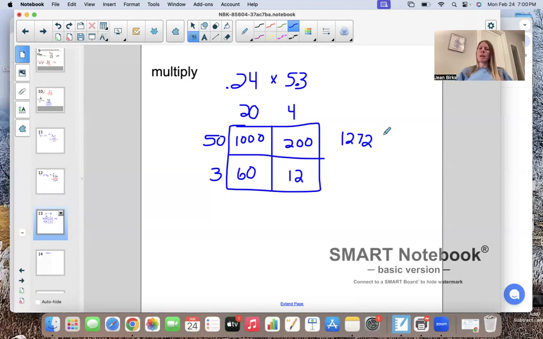So, I'm looking at this. That's a 5. And that's not even a whole. So, right now, it wouldn't make sense to say my answer is 1,200. So I know it's not there. And it wouldn't make sense to say 127. So it's either going to go here or here, one of those two.